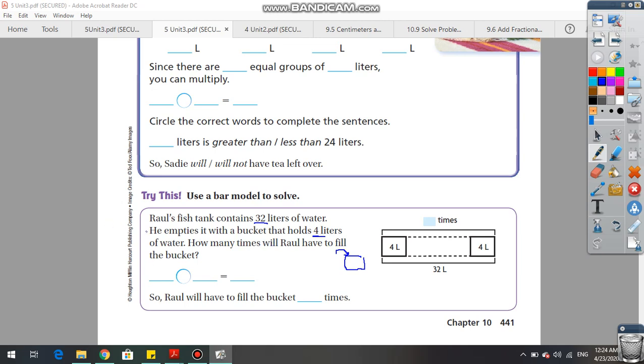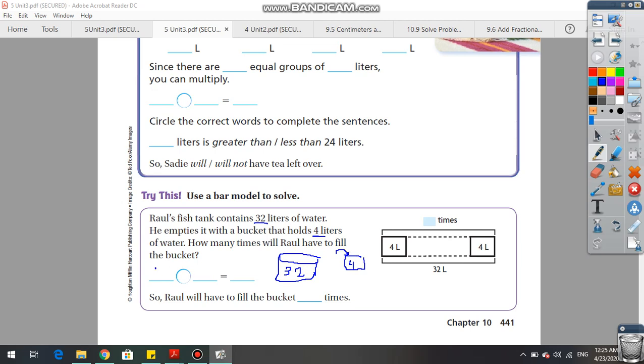Okay, I have a tank and I have a bucket. He has to take water from here and empty it. He wants to empty the tank. The tank is 32 liters and the cup can hold only 4 liters. So I will use it how many times?